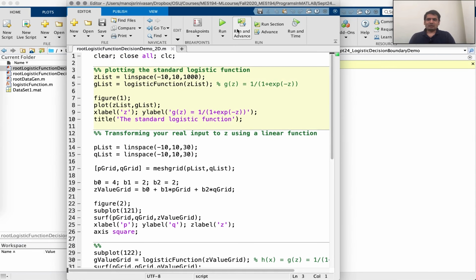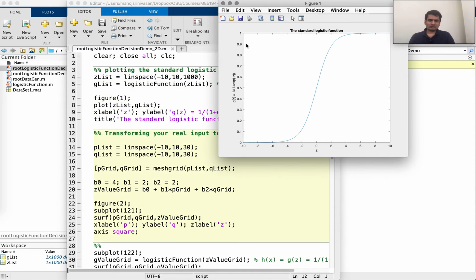Let's now look at how we would approximate data like this, or what kind of functions. I'm going to do the same thing that we did for one dimension. Again, we have this function g of z, exactly the same standard logistic function, 1 over 1 plus e power minus z.